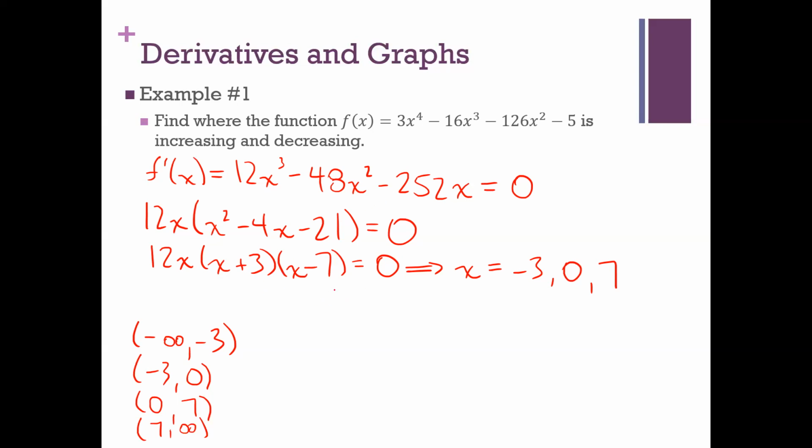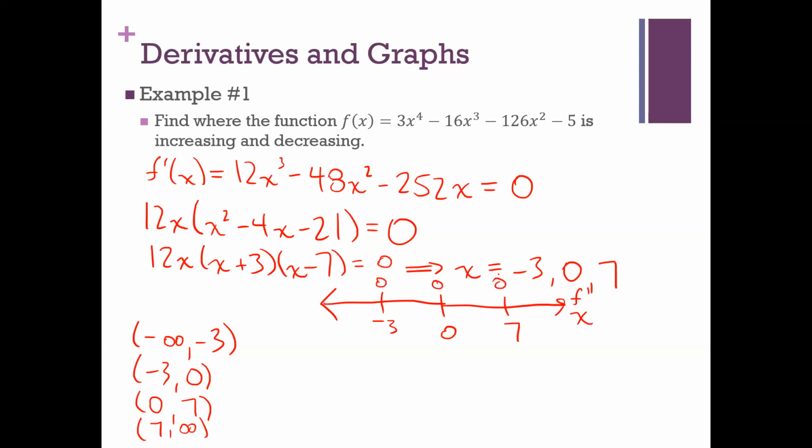To get more information, I'm going to look at the derivative of this function around these points. Where are my boundaries? -3, 0, and 7, right? And all these derivatives are 0.